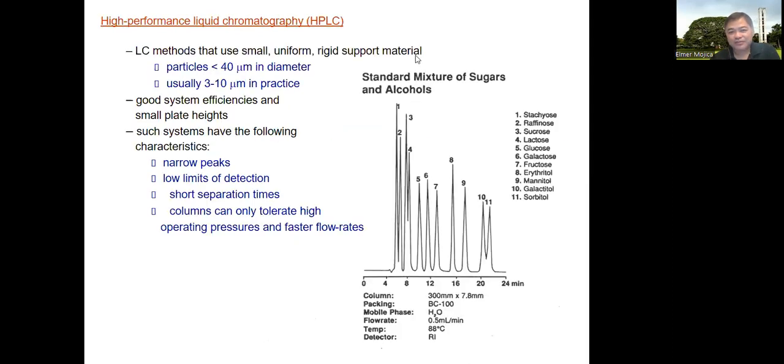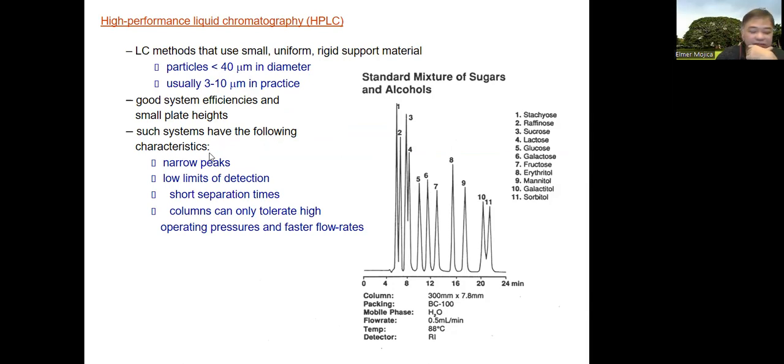Okay? Now, when we're talking about high performance, these are the ones that use small, uniform, rigid support material. Particles are less than 40 micron in diameter, and usually it's 3 to 10 micron in practice. It has good system efficiencies and small plate height.